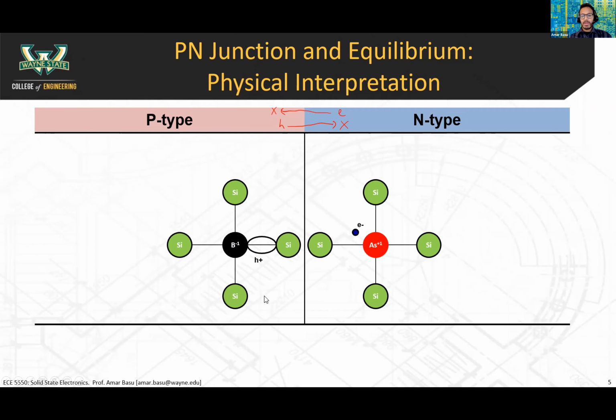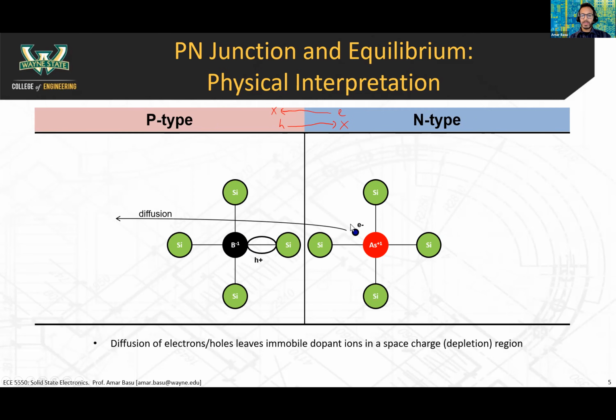So we had our simplistic model up here where we said the electrons diffuse over to the other side and then they recombine, and we're just going to illustrate that here. The electrons on the n-type material move from high to low concentration.